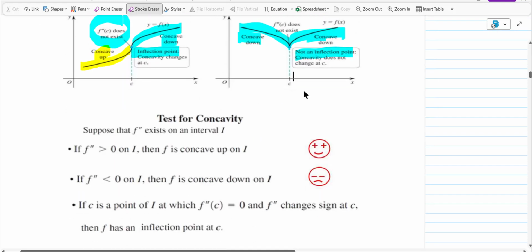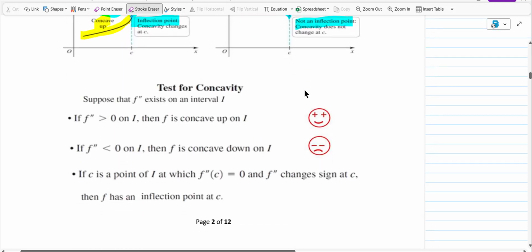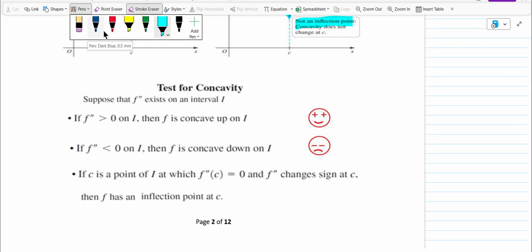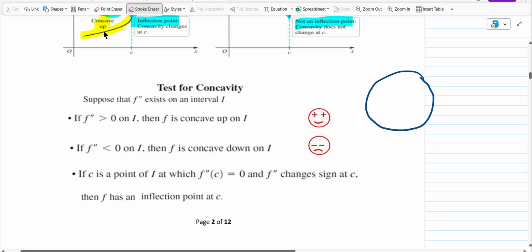So here's the best way to remember this, just these faces right here. To wrap up what we're doing, if you want to remember how to tell something's concave up, you just make a smiley face, and then you put a second derivative tattoo on their cheek.